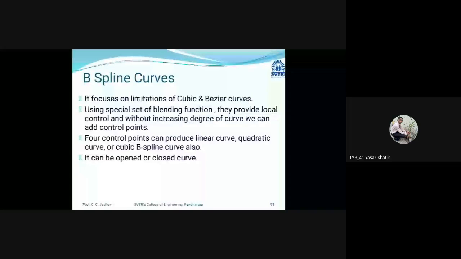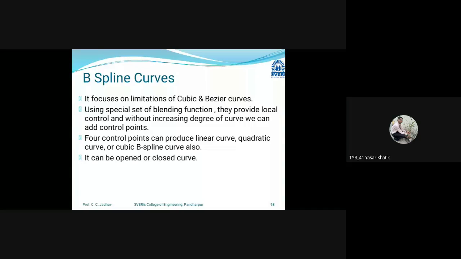B-spline also provides the possibility to add control points without increasing the degree of the curve. We will get a smooth curve without increasing the degree of the curve. Okay, so that is also important. And two kinds of B-spline curve can be fitted to a set of data points. Okay, so we will see one by one, starting with local control.